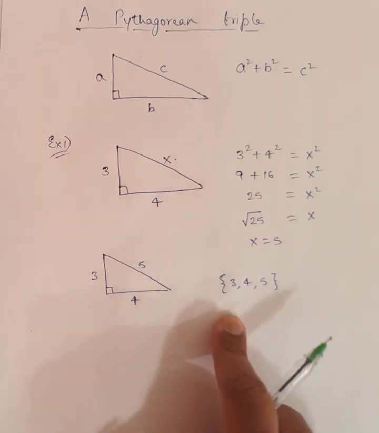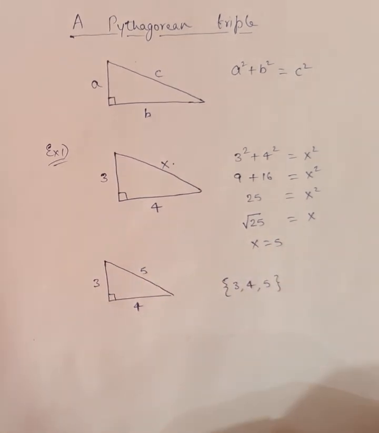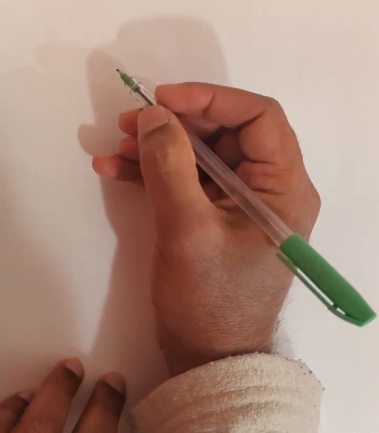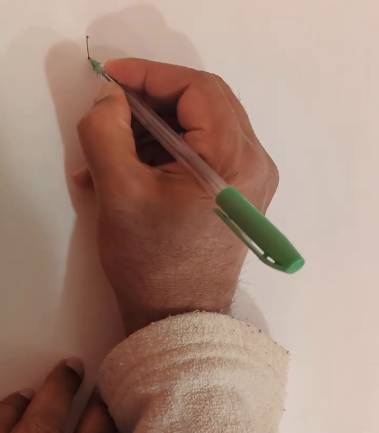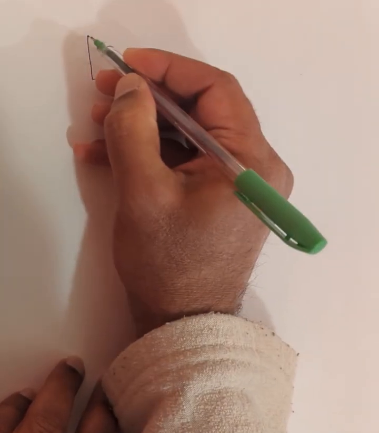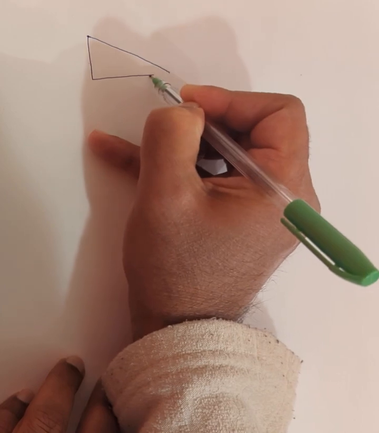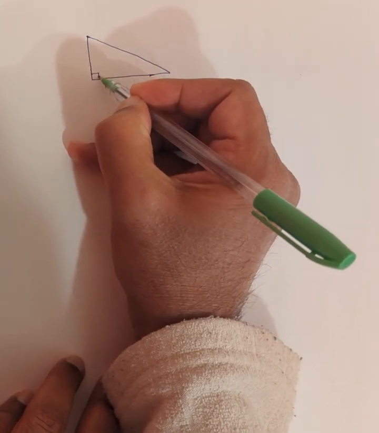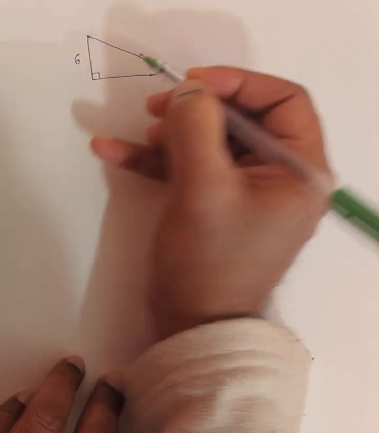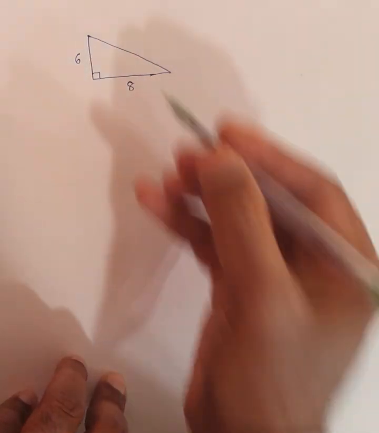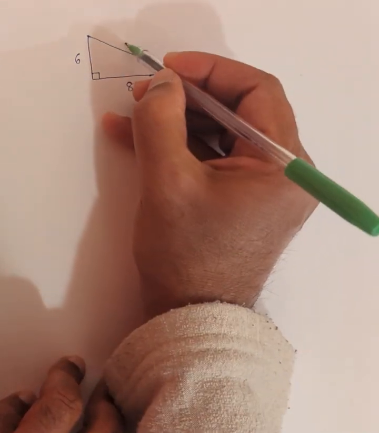Now the advantage of knowing this Pythagorean triple is you can use it to do so many other problems. For example, even if the side lengths are not 3 and 4, but say 6 and 8, then what is the side length here?